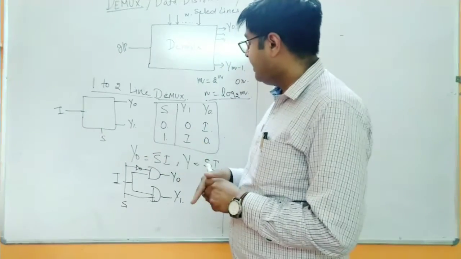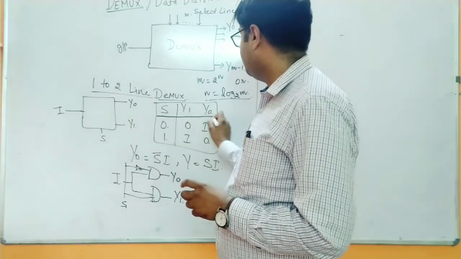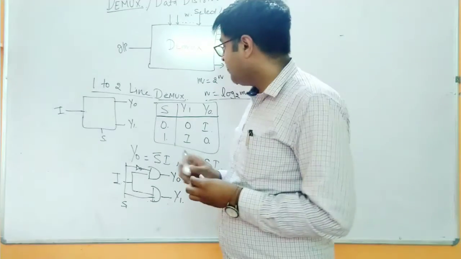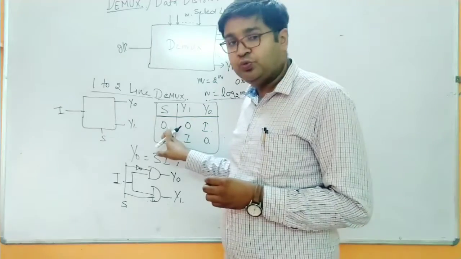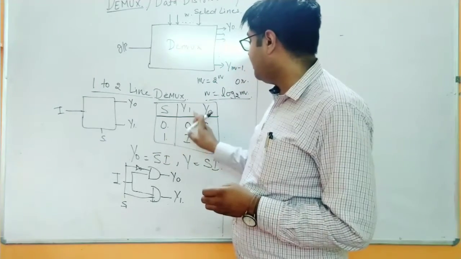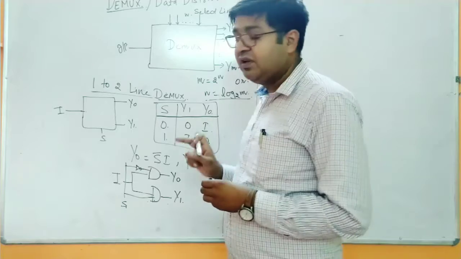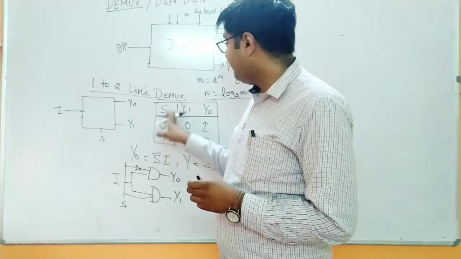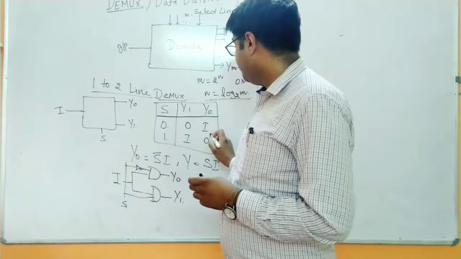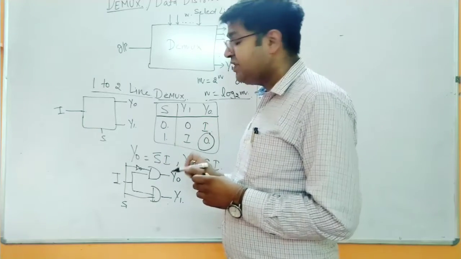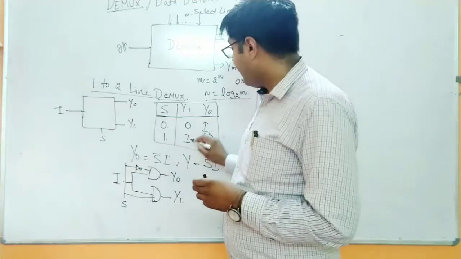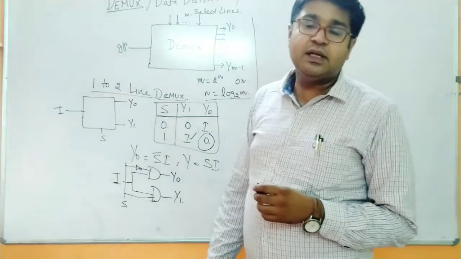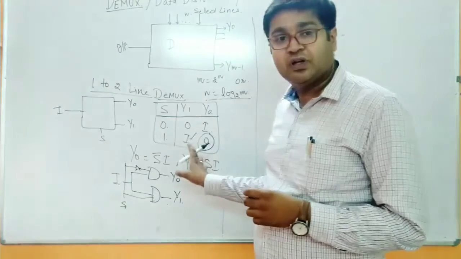By this select line you can choose where the input needs to be relayed. If S is 0, then y1 is 0 and y0 gets the input. If S is 1, then the y0 output will be grounded, and only the second output will get the input. This is how it will work.